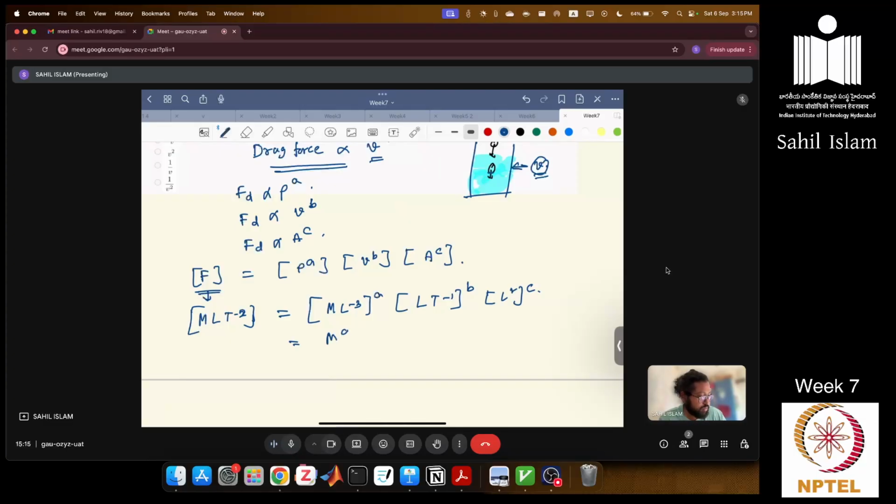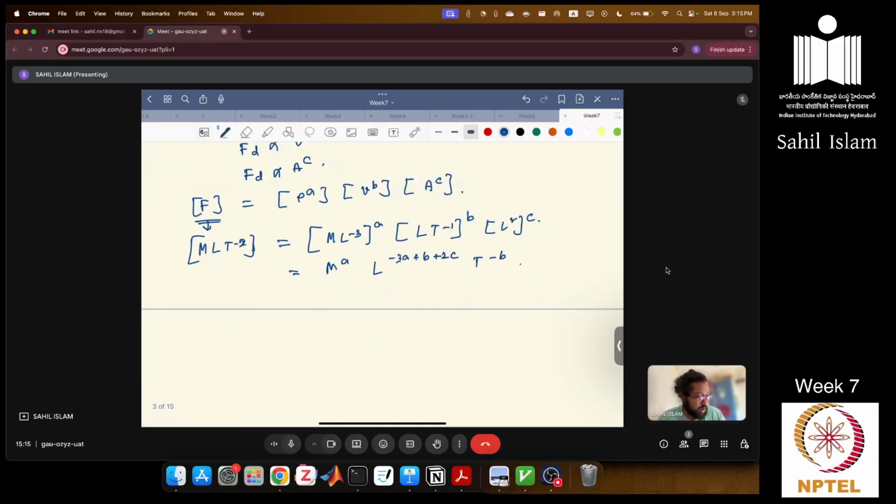So let's calculate the right hand side. We get M to the power a, L to the power minus 3a plus b plus 2c, and T to the power minus b. On the left hand side we have M L T to the power minus 2. If we compare, a becomes 1, for L we have minus 3a plus b plus 2c equals 1, and minus b equals minus 2.